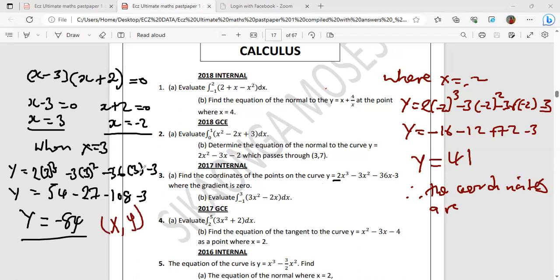When your x was 3, your y was negative 84. And when your x was -2, your y was 41. So those are your coordinates. You get your full marks for that.